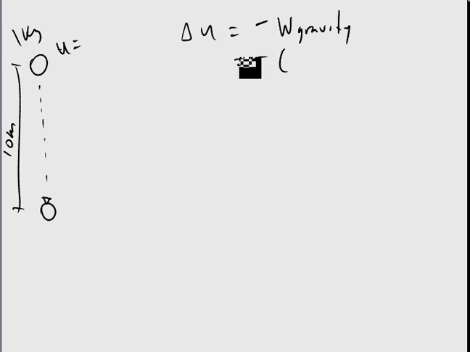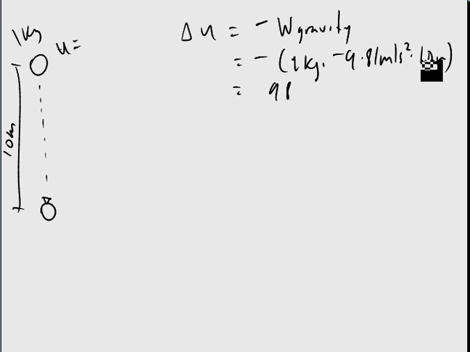And this is kind of nifty because, again, if you had this 1 kilogram ball and it's 10 meters above the ground and you're dropping it, well, you can figure out its potential energy at the top, because the change in potential energy is negative work done by gravity, which is negative 1 kilogram times negative 9.81 meters per second squared times 10 meters.